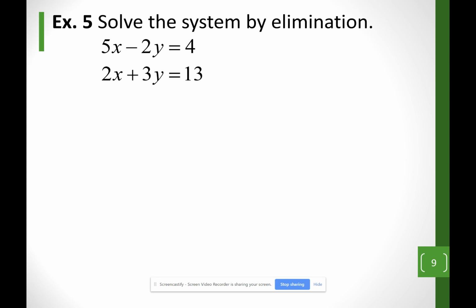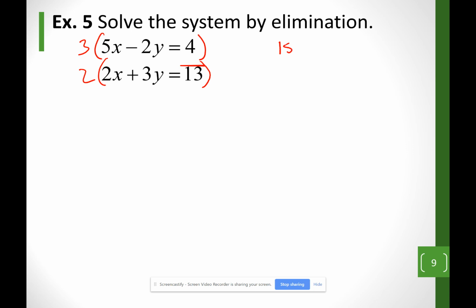Now, in this case, if I combine my like terms, none of them cancel out. So for this moment, let me multiply the first equation by 3. On my second equation, let me multiply everything by 2. They might seem like random numbers right now, but I'll explain that in a minute. So once again, the first one multiplied everything by 3.